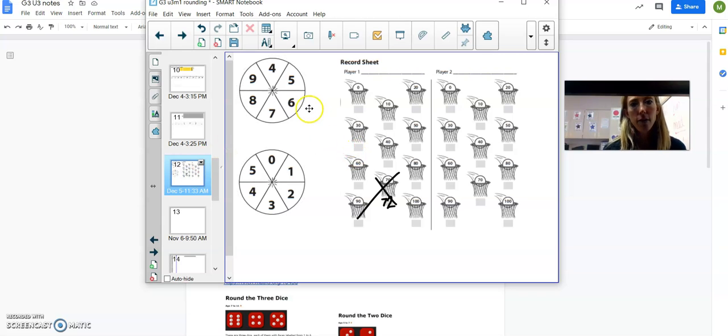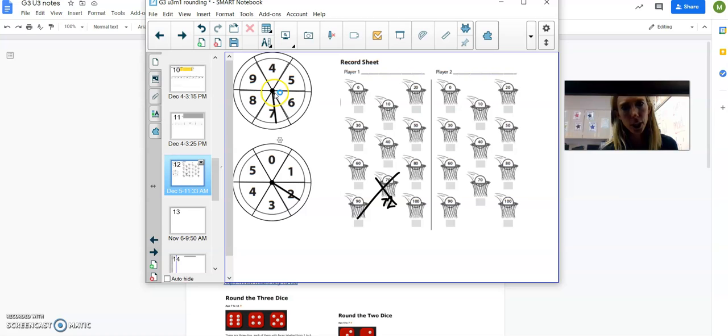Then you have the game basketball where they're playing against a partner and they're spinning and they're getting a 5 and a 2. So they could either do 52 or 25. And they're deciding, okay, I'm going to go with 25 because that rounds to 30.